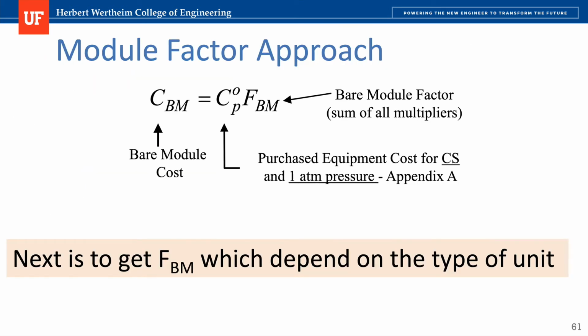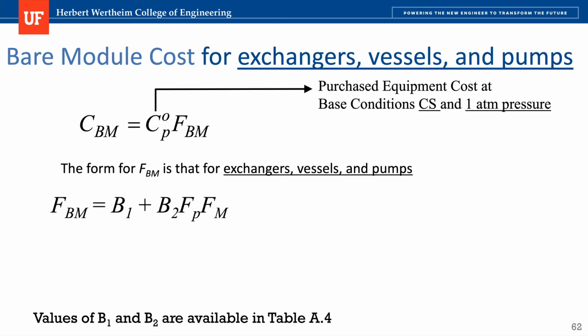The next thing is to determine, continuing with the bare module factor, now let's focus on equipment that was not located on that table. The most common ones are exchangers, vessels, and pumps, and they all have the same type of equation.